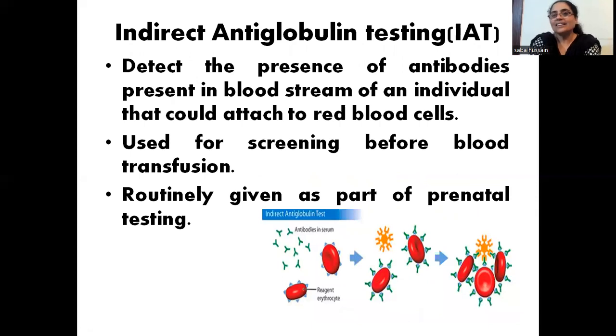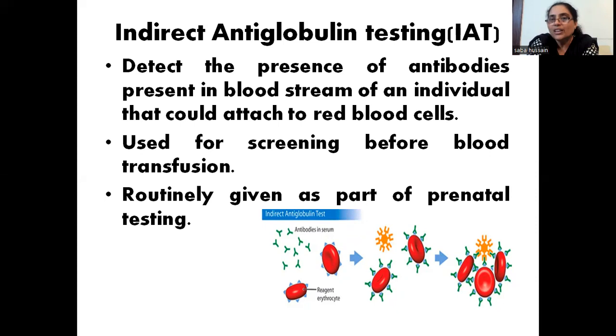First, let's clearly understand what direct antiglobulin testing is and what indirect is. Now coming to indirect antiglobulin testing, it is done to detect the presence of antibodies present in the blood serum of an individual that could attach to red blood cells, and that could cause clumping if they are complete.